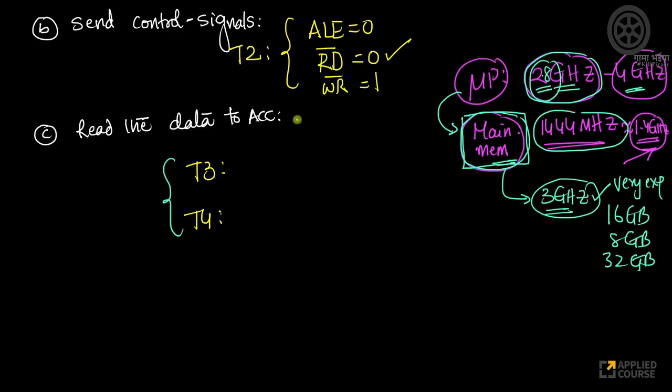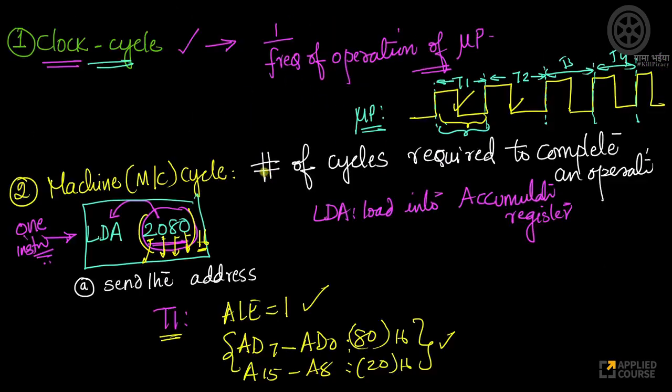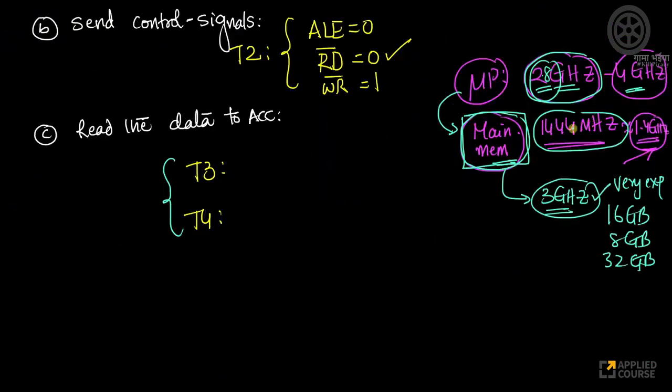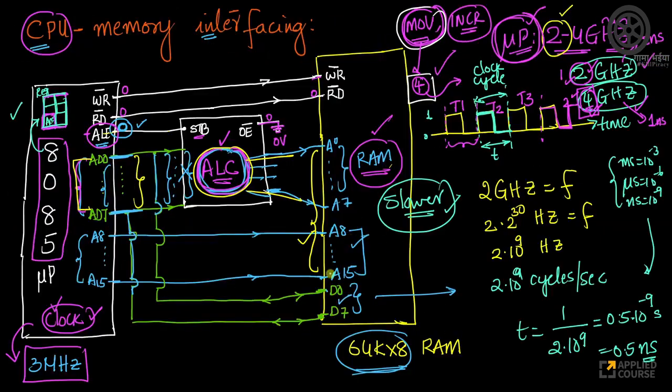So now look at this, I've sent all of this information. Now my main memory, this is very, very important, will take some time. If my main memory is operating at 1.4 gigahertz, it will take some time to place the data on the data lines, right? It will take some time. In that time, look at this, because it will take some time, right?